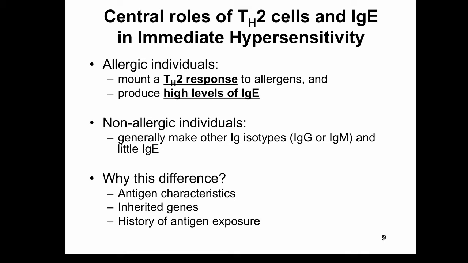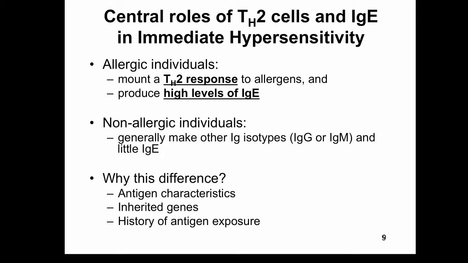And we'll talk a little bit more about the role of Th2 effector cells in just a few minutes. But what characterizes allergic individuals is that they mount a Th2 immune response to allergens and produce high levels of IgE, whereas non-allergic individuals either don't respond at all to the allergen or will make other immunoglobulin isotypes, for example IgG or IgM, and relatively little IgE.